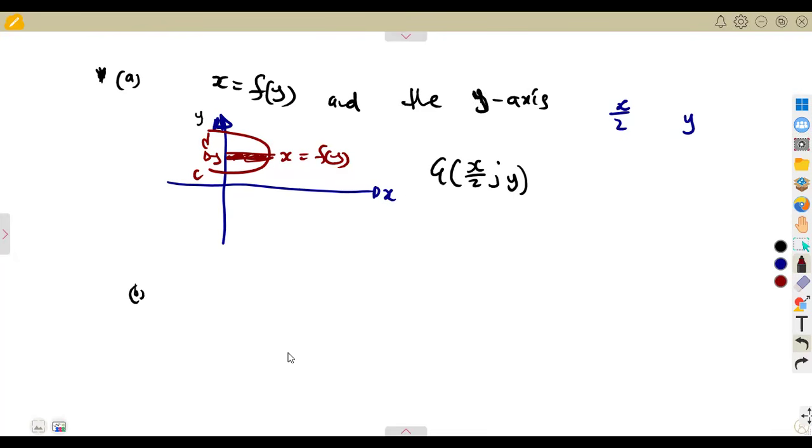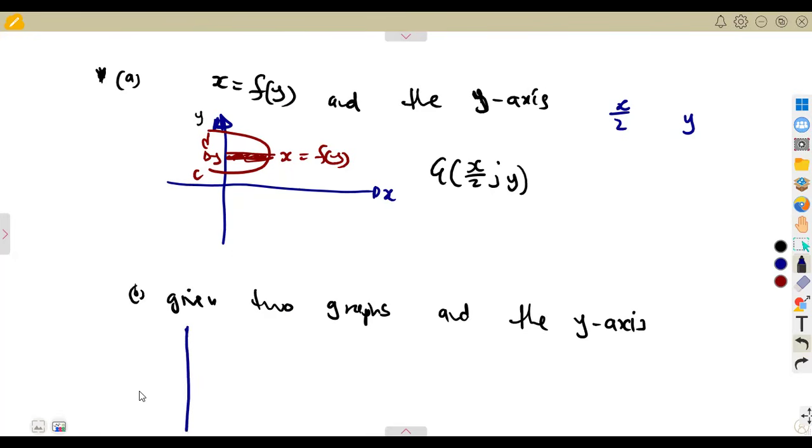Let's talk about when you're given two functions, just like what we had in the previous case. Given two functions or graphs or curves, and still on the y-axis. This time we've got two functions, but they are being considered about the y-axis, like whatever you're going to have there about the area moment is considered about the y-axis.